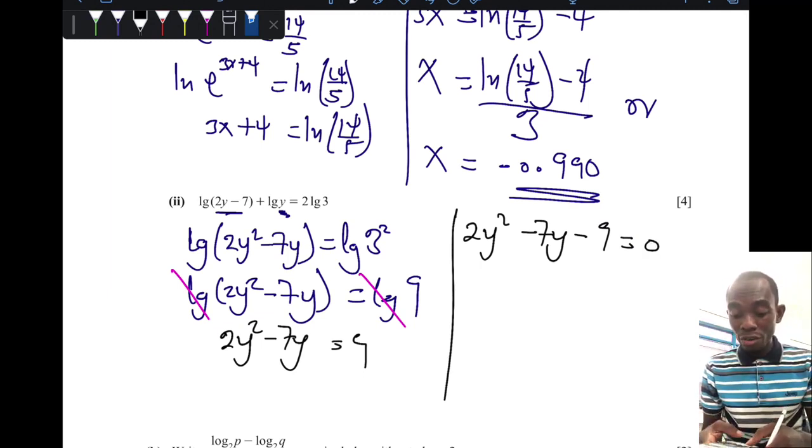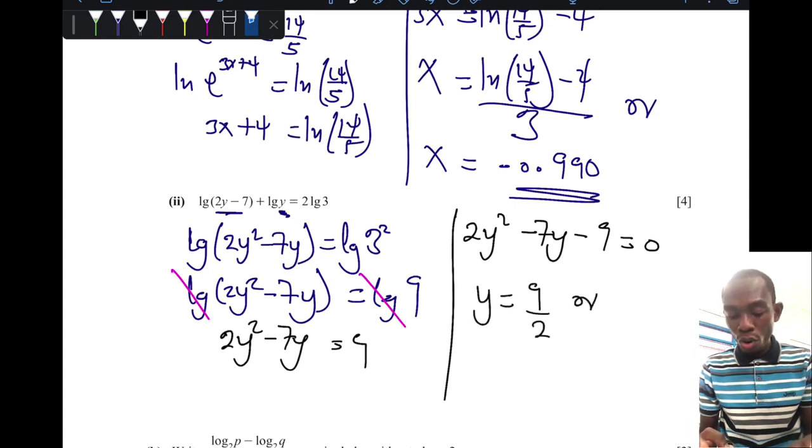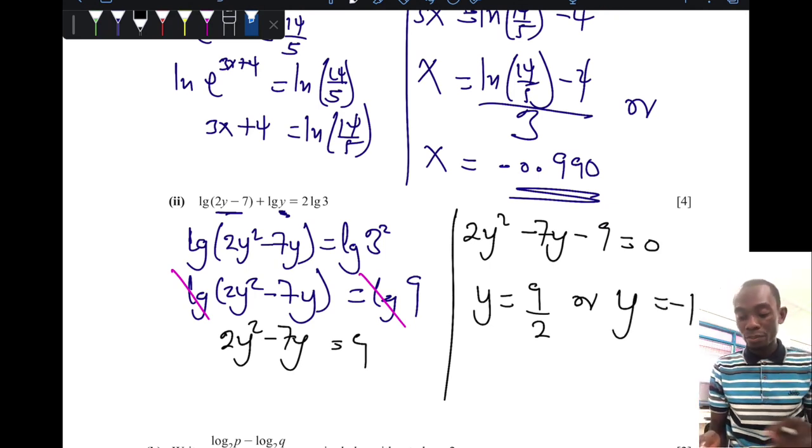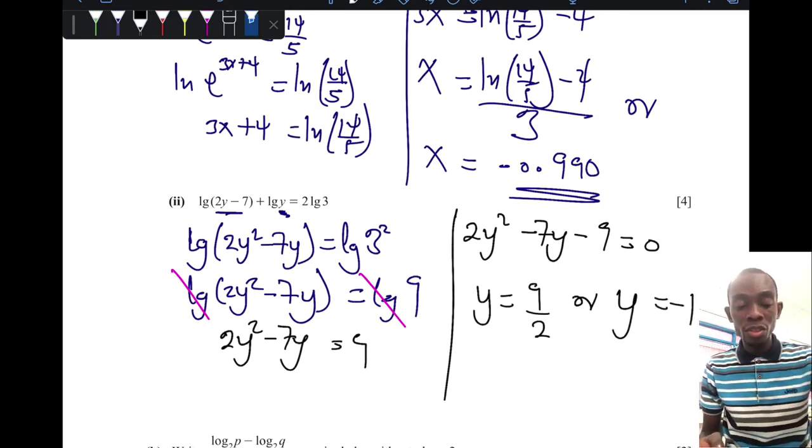Since it's not really a quadratic, I believe you can solve a quadratic by now. All right, so 2, -7, -9. So I have y is equal to 9 over 2, or y equals -1. Okay, that's according to the calculator.